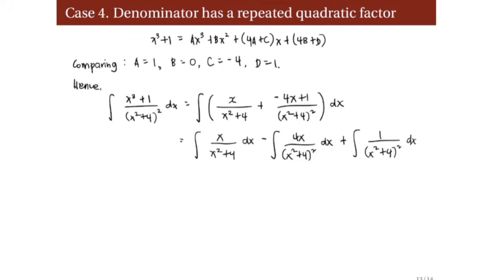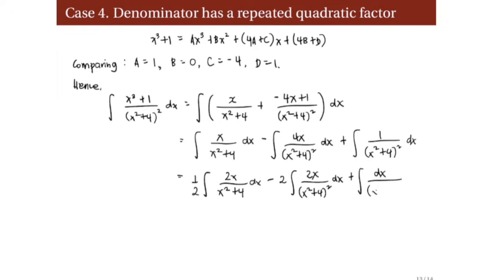So, this is equal now to, again, multiply na lang tayo ng 2 sa numerator and denominator. So, you have here 1 half ng 2x over x squared plus 4 for the substitution. Ito, meron tayo ditong sobra na dalawa. So, meron kang negative 2 integral ng 2x over x squared plus 4 squared dx plus integral na lang ng dx over x squared plus 4 squared.